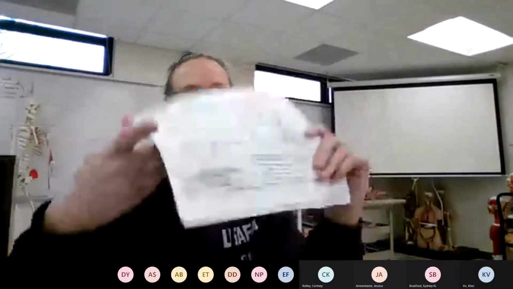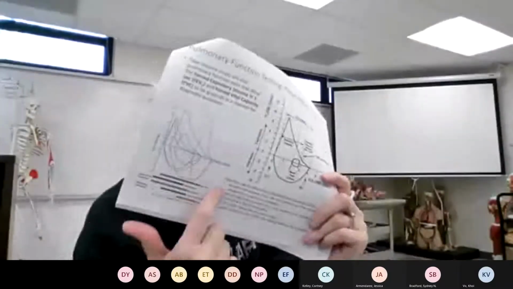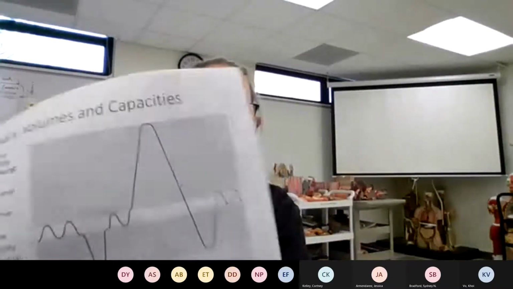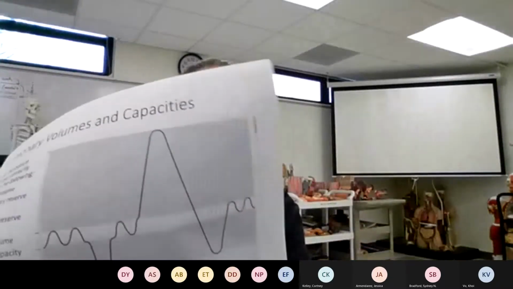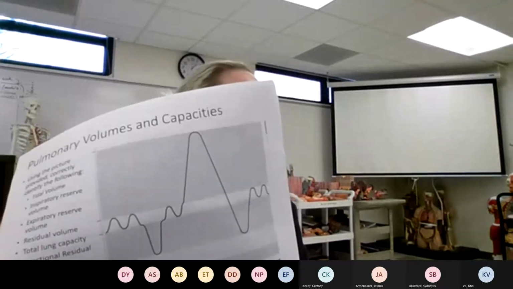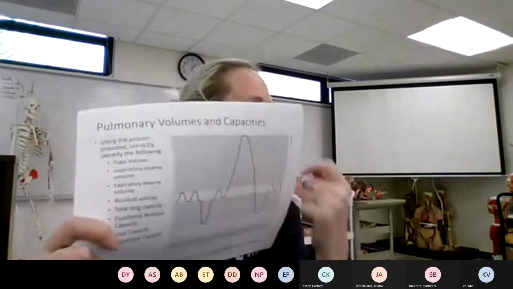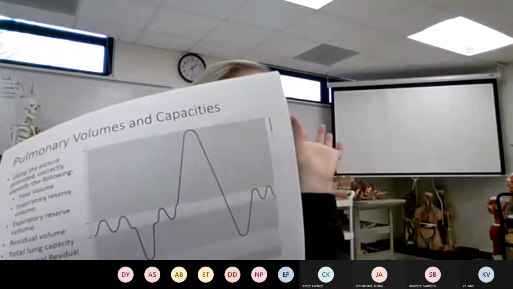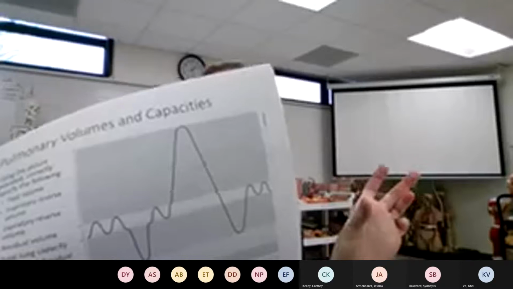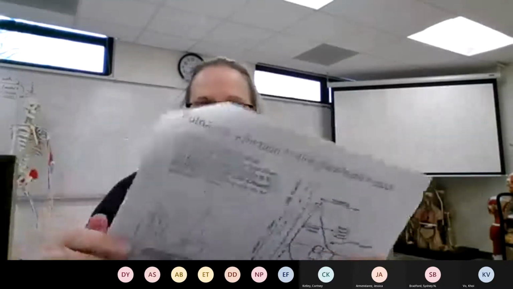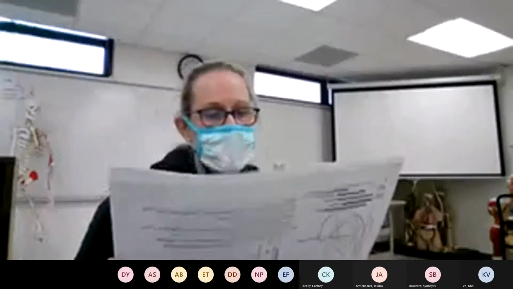So that's why everything is moving towards these printouts. You will be held responsible for this because this is the one in your book. So this is the one you have to learn. Anything not on here, like FEV, FEV1, you have to learn the words by what they represent, what they mean. Okay, the next thing we have to learn is the capacities.